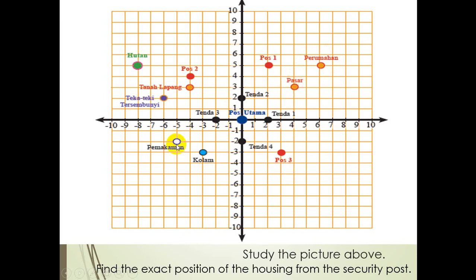Okay, so the market will be the origin point, so this is 0,0. According to that, the cemetery is located at, okay, come on, calculate it. 1, 2, 3, 4, 5, 6, 7, 8, 9. So 9 units away to the left. 1, 2, 3, 4, 5. So 5 units downward.